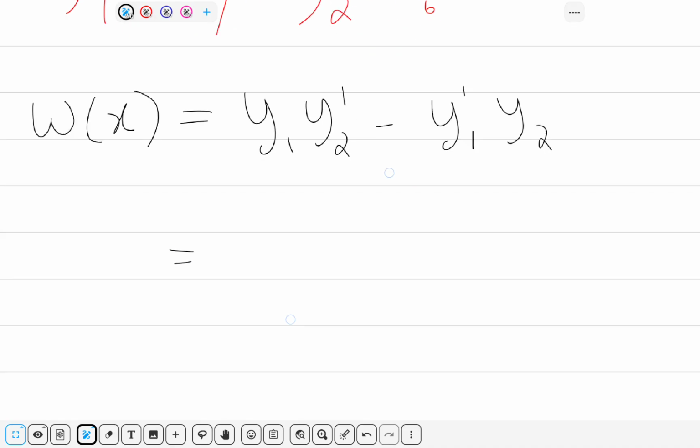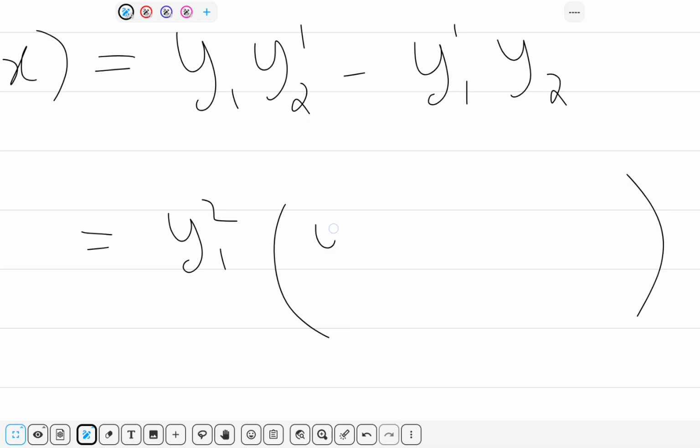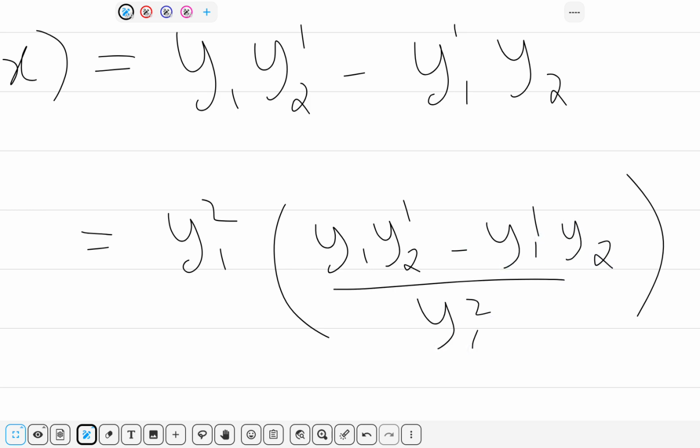This is equivalent to writing y1 squared times (y1 y2 prime minus y1 prime y2) by y1 squared.